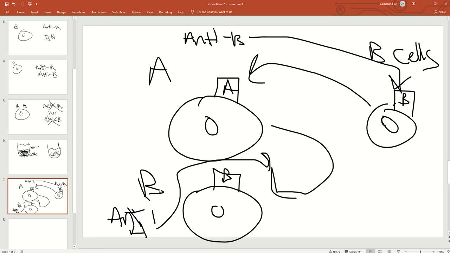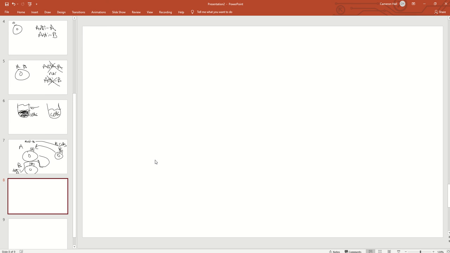So it's all about these antibodies within the blood of the recipient attacking the cells that are being transfused into them. That's the whole thing. And so that's the very basic ABO and the general idea of what's going on in these basic ABO reactions.